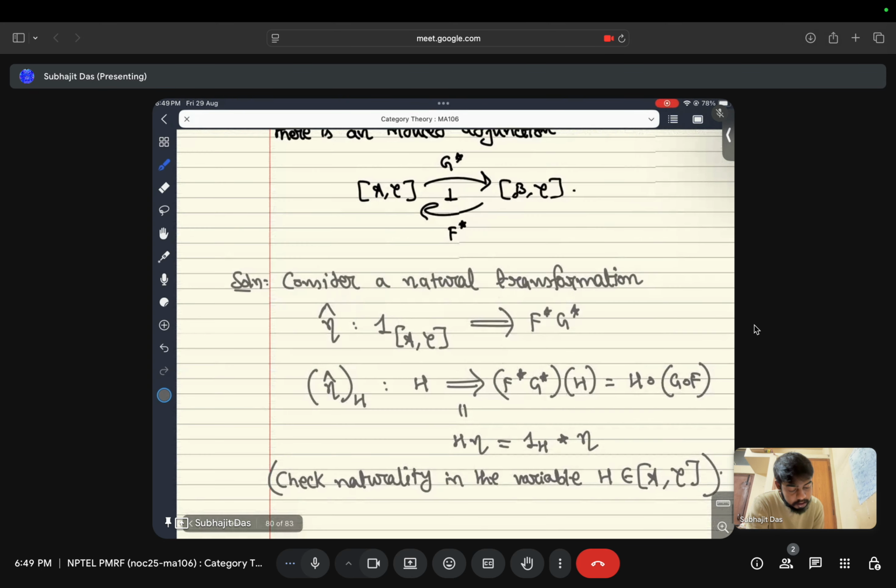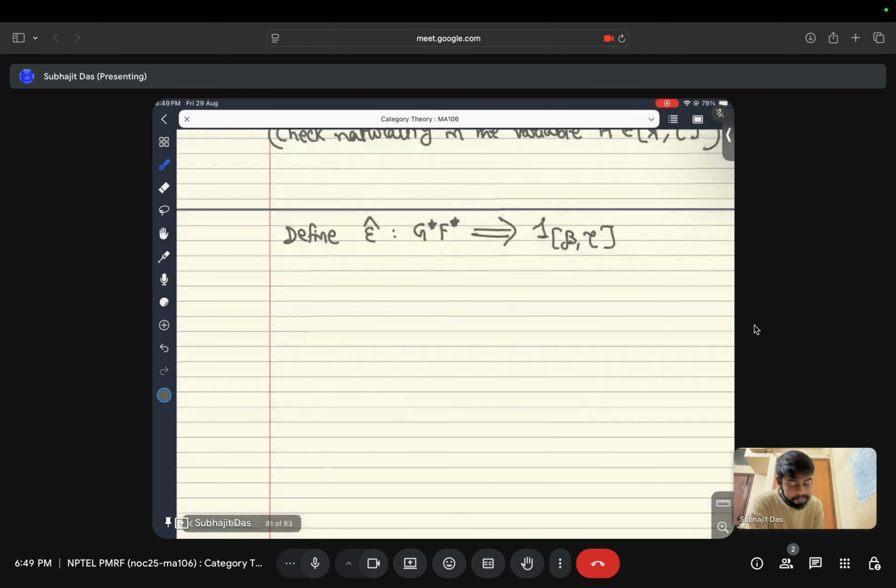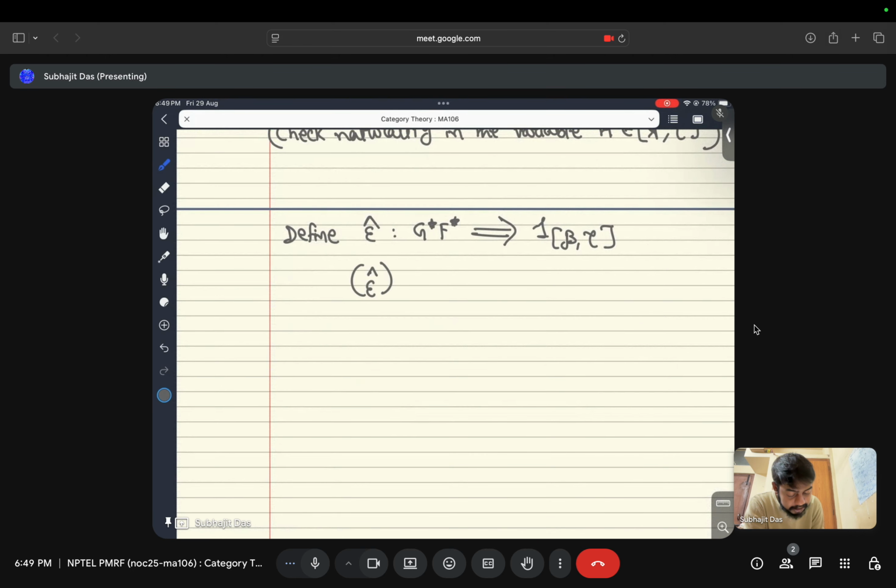And what is this? Its component epsilon hat at some object K, which is a functor from B to C, should be from G star F star applied on K, which is exactly K composed with F composed with G, to K, right?